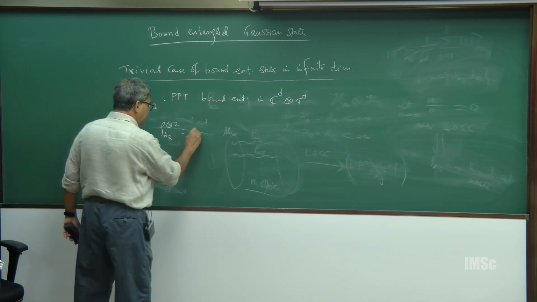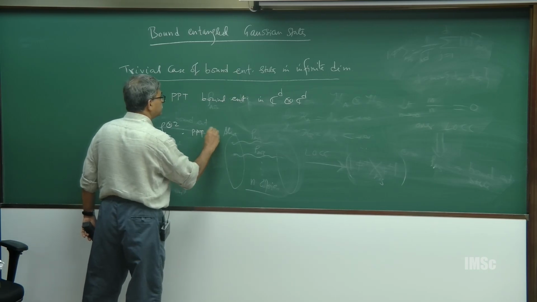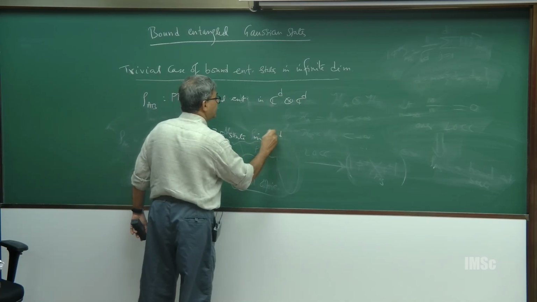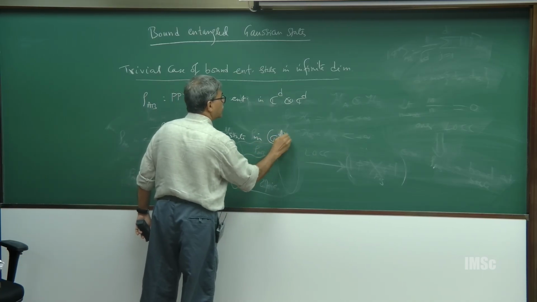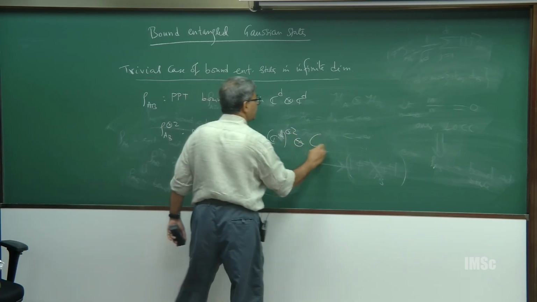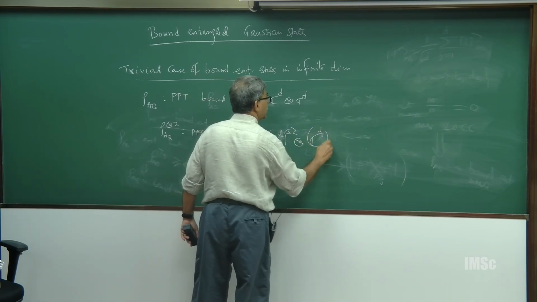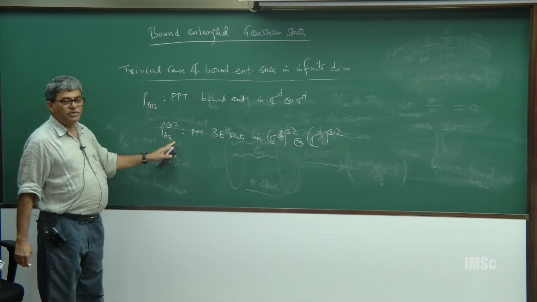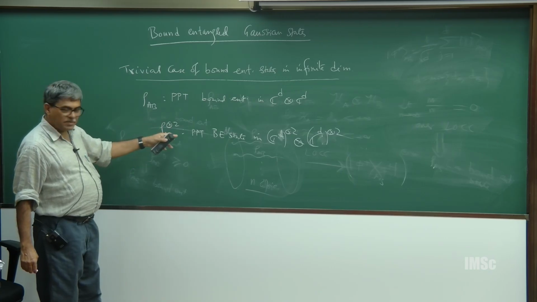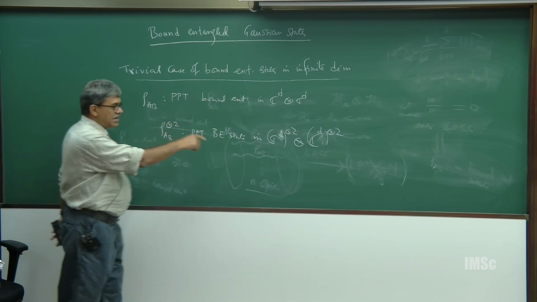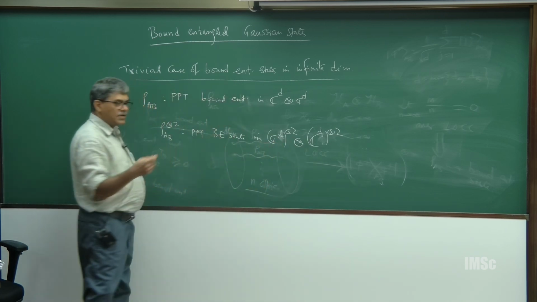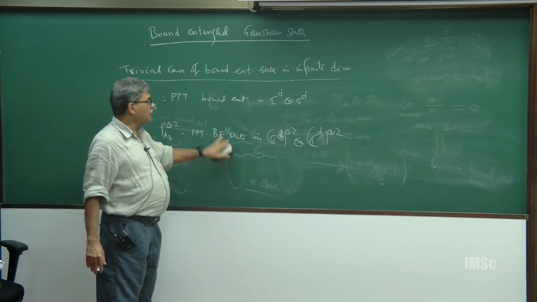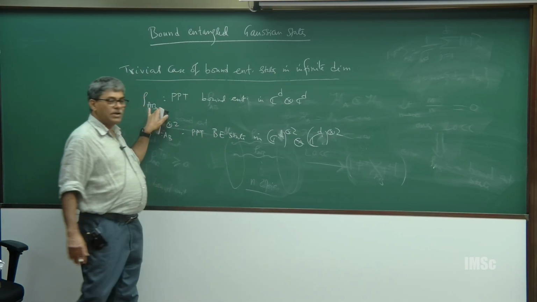Then this is again a PPT bound entangled state, in C^d tensor C^d, 2 copies. Do you agree with me? It again has PPT with respect to one party, and of course it is bound entangled, because had it not been, you could have distilled something, which goes contrary to the assumption that this is a bound entangled state.